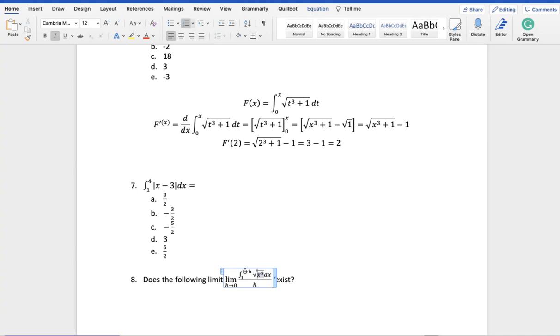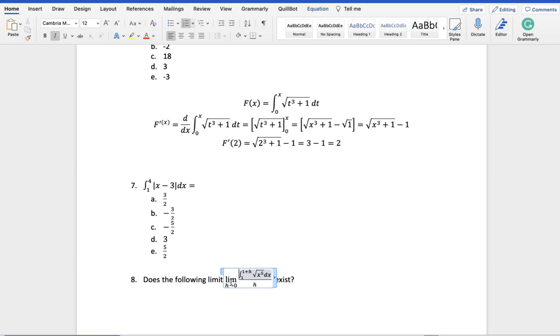As soon as you evaluate this integral and substitute in the values of the boundaries, you'll only be left with expressions in h in the numerator, divided by h, right?